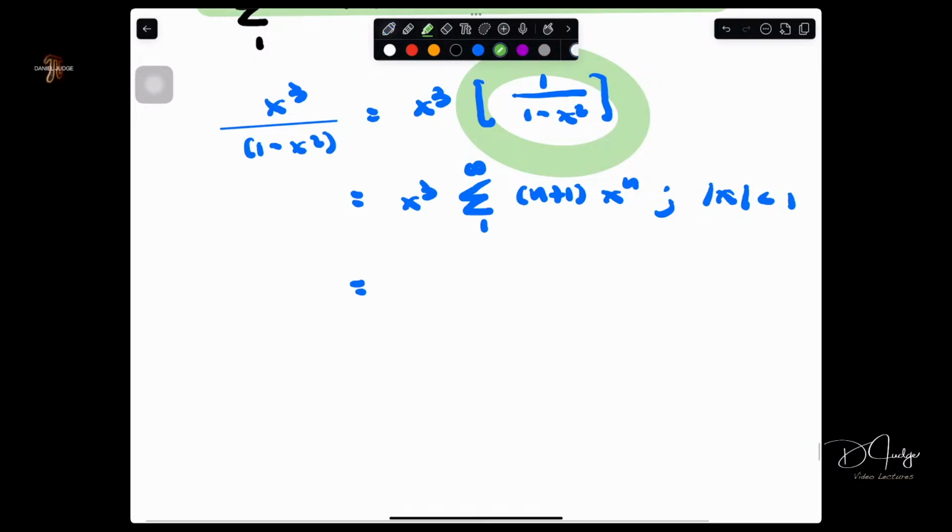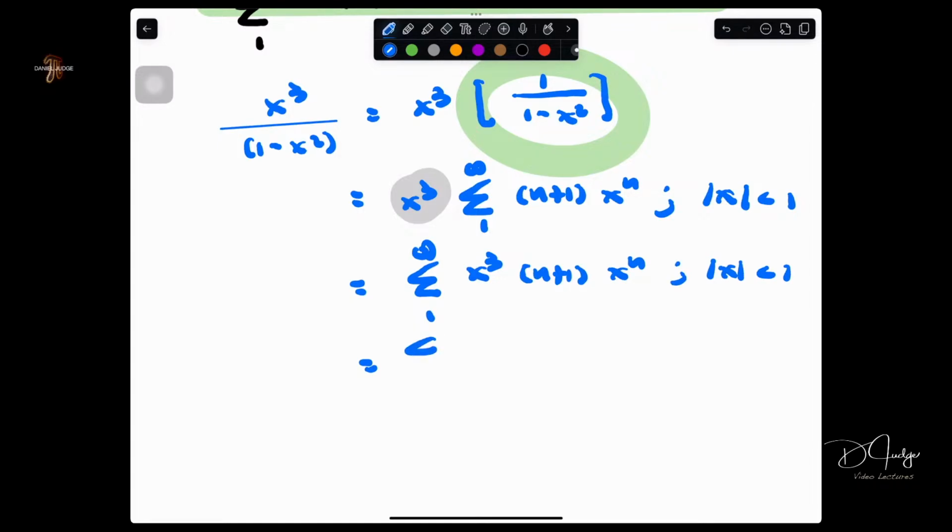Now, this term x cubed, by the distributive property, goes inside the summation. And by properties of beginning algebra, again, we're going to get n plus 1, x to the n plus 3.